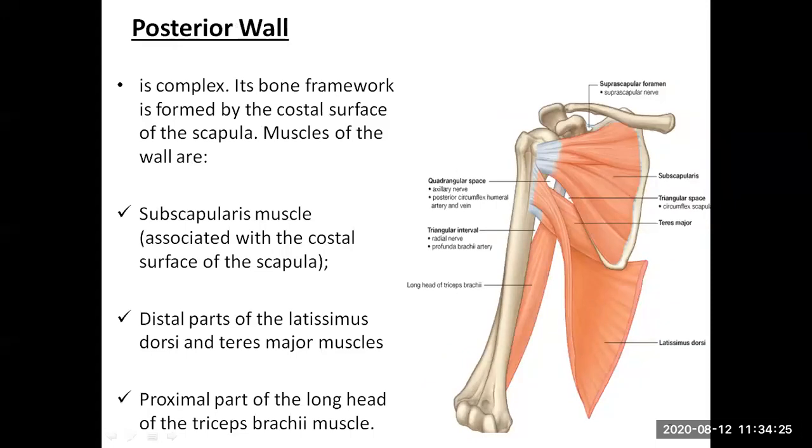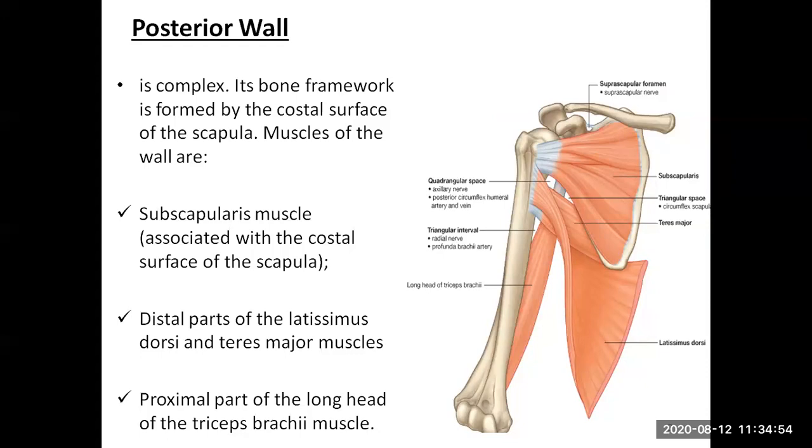Posterior wall: this is complex. Its bone framework is formed by the costal surface of the scapula. The anterior wall is removed, the space is open, and all the contents are removed, and we are viewing the posterior wall from the anterior aspect.